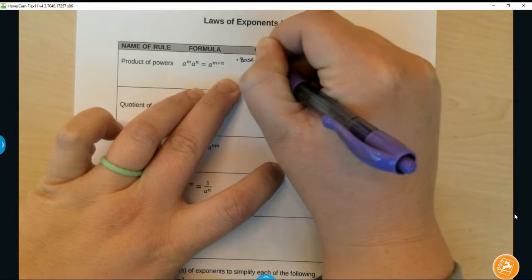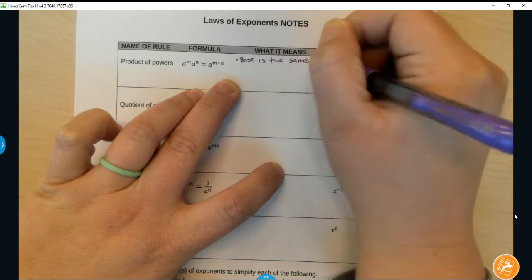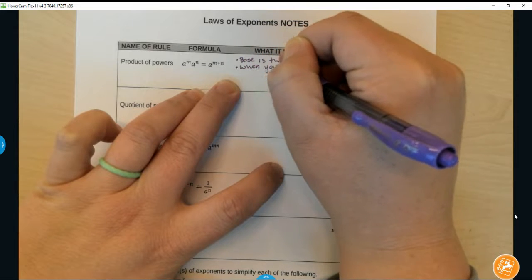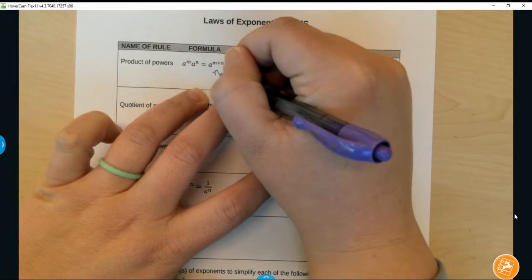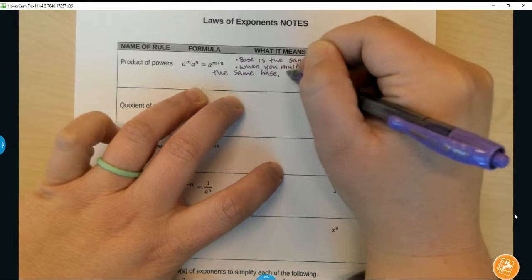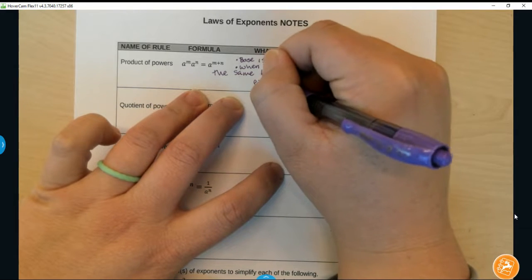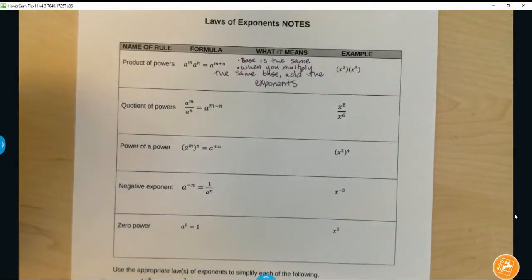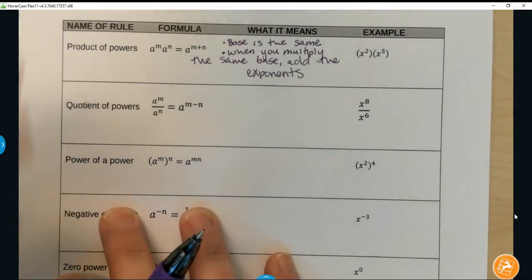Base is the same. When you multiply the same base, you will add the exponents.